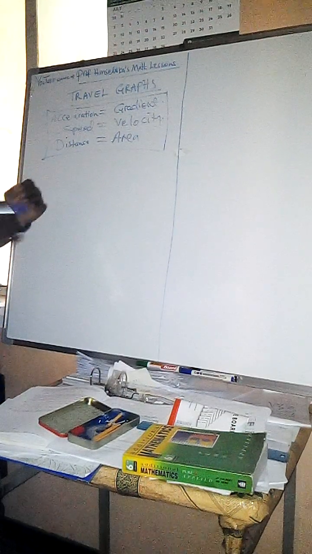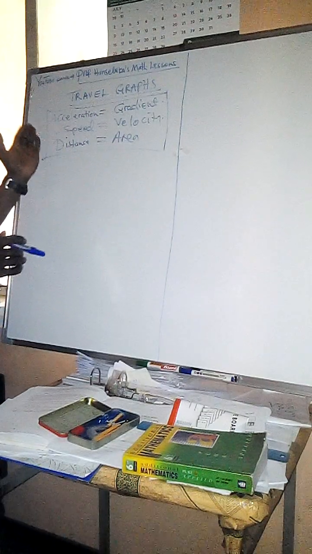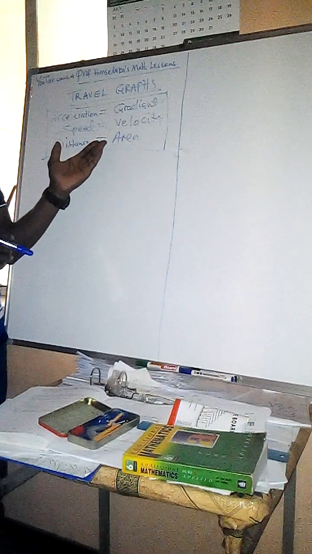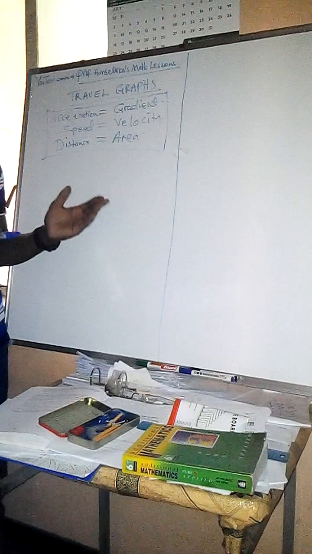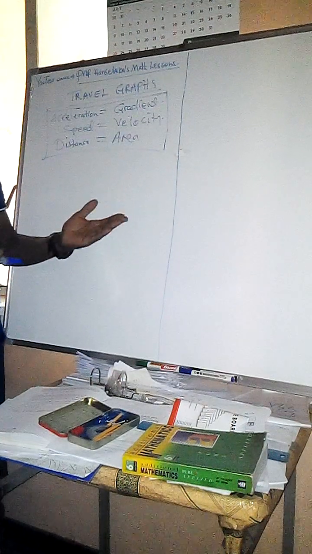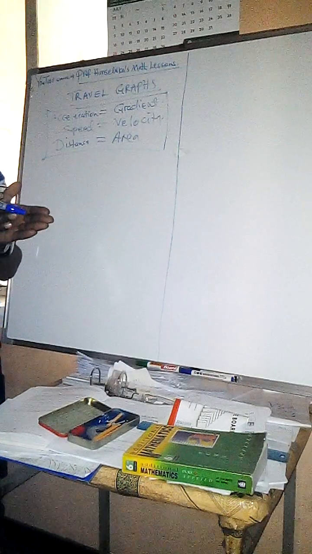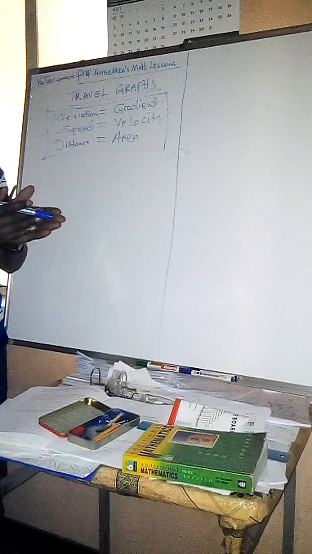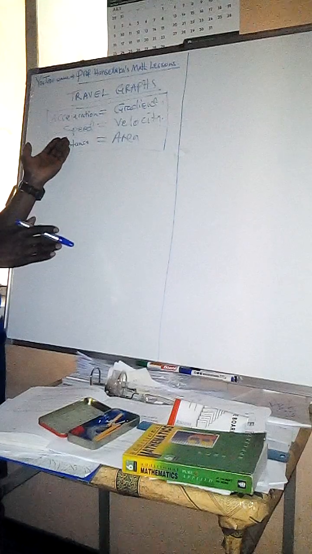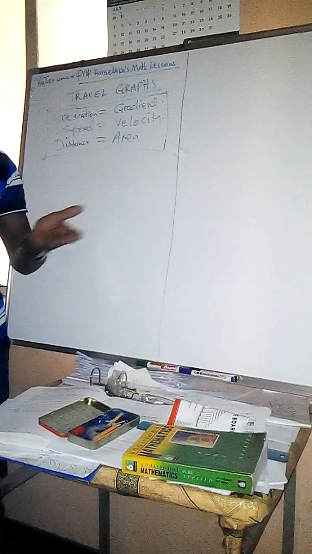So one of the concepts that I want us to look at is as follows, just three. Acceleration. You must understand that acceleration is just the same as gradient. When we talk about acceleration, basically we're talking about the gradient, the steepness of a slope. And when we talk about speed, we're simply talking about velocity.